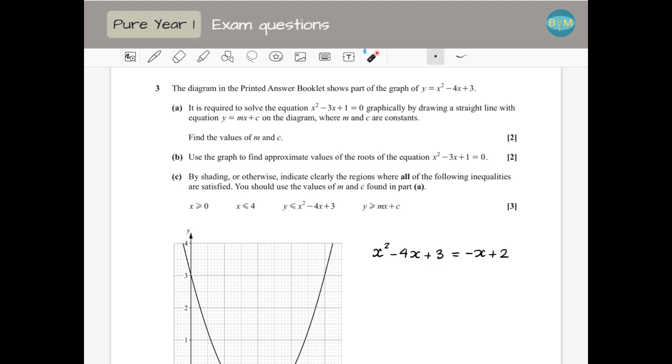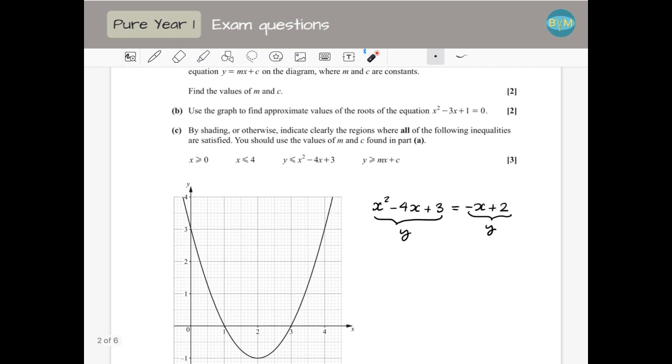So really what I'm doing is y equals this and y equals this. So I'm finding the intersection between this line here and this quadratic. And that's what they are asking me, because when I reorganize, I have the equation that I need.